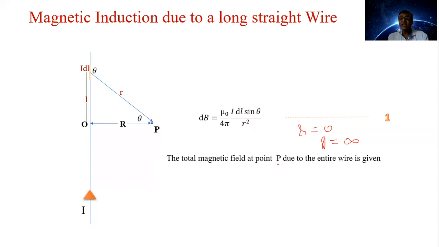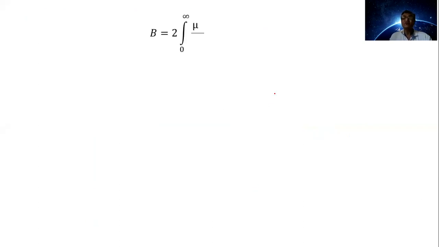The total magnetic field at point P due to the entire wire is given by B equal to twice the integral of dB, with integration limits between 0 and infinity. Hence B is equal to twice the integral of mu 0 upon 4 pi, I dl sine theta upon R square, from 0 to infinity.